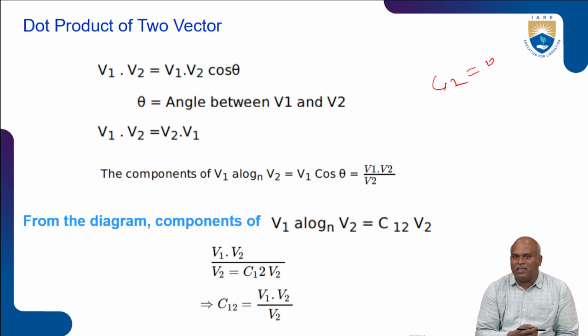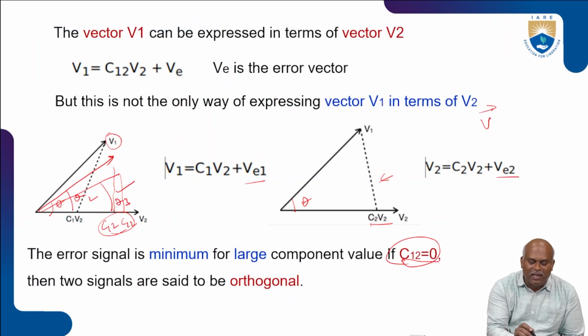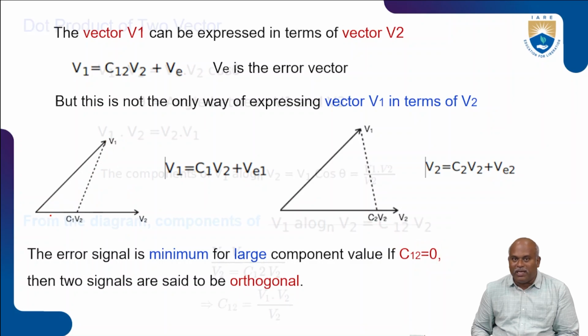We may represent the component of V1 along V2. We represent it as an angle, and we call this the analogy when the orthogonality function holds. Now the theta value is going to be minimum.